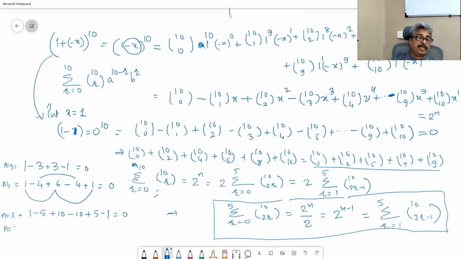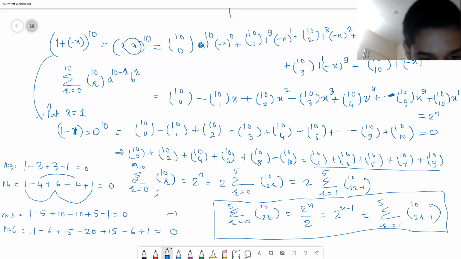If n is equal to 6, they will be 1 minus 6 plus 15 minus 20 plus 15 minus 6 plus 1. Oh, let us see. 32 plus and 32 minus 0.